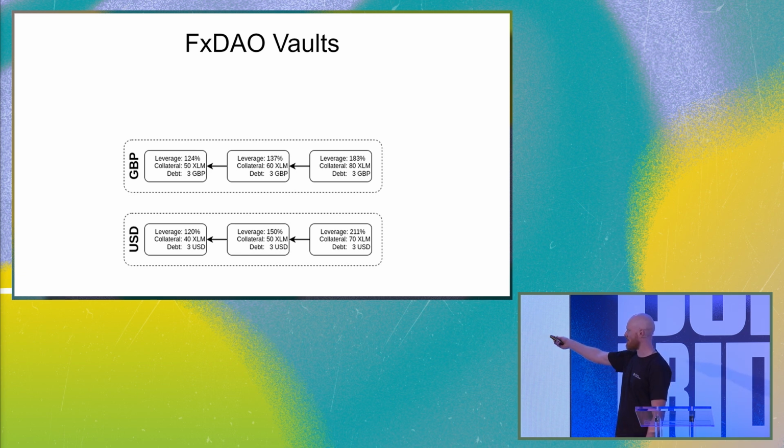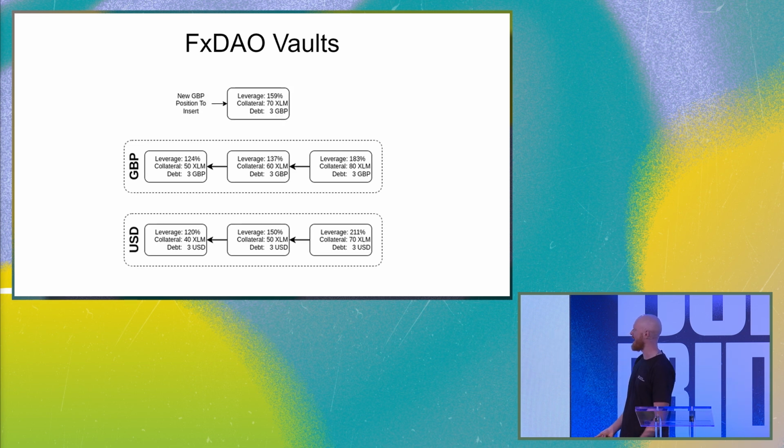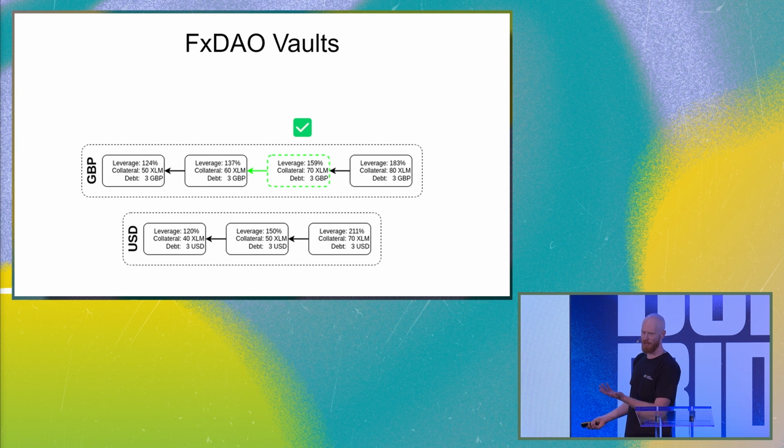The top row is for Great British Pounds, the bottom one is for USD. You can see that the leverage is ascending, so 124 is less than 137, 183, much the same down the bottom here. If you wanted to add a new vault in, so we've got Great British Pounds here, the leverage is 159%. The only correct position for it to go is right there.